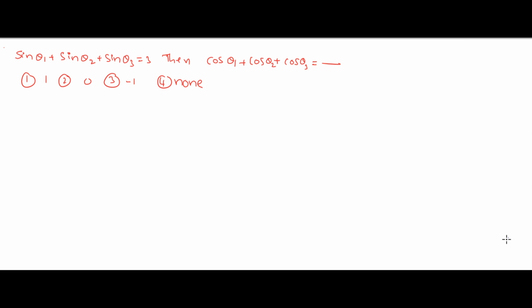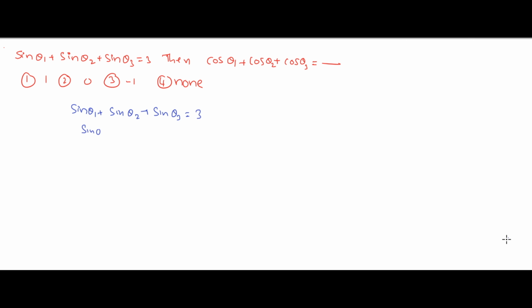If sin theta 1 plus sin theta 2 plus sin theta 3 is equal to 3, then cos theta 1 plus cos theta 2 plus cos theta 3 is equal to what? Here it is given sin theta 1 plus sin theta 2 plus sin theta 3 is equal to 3.